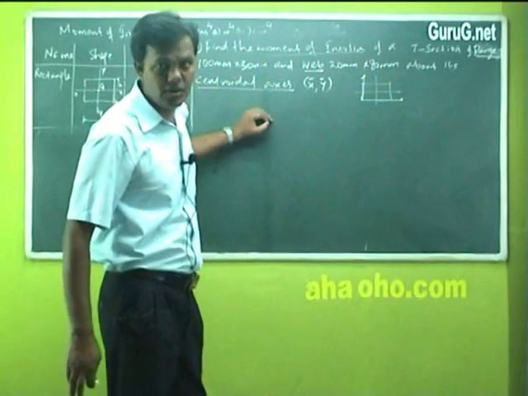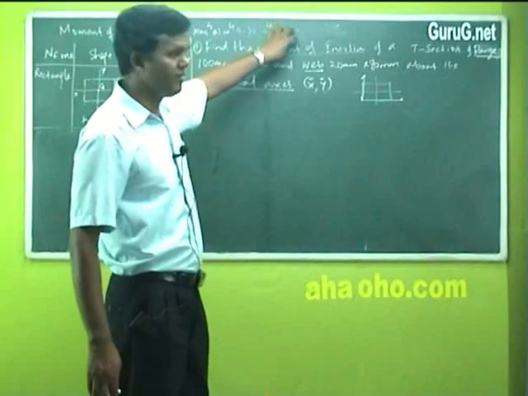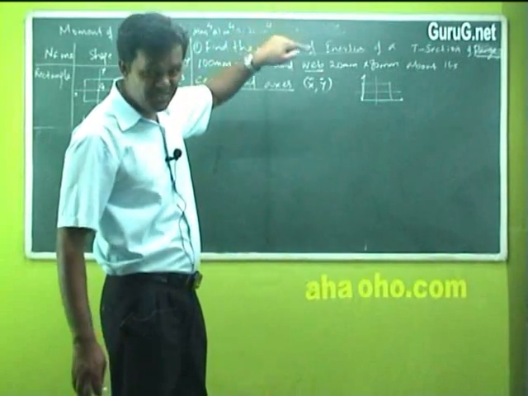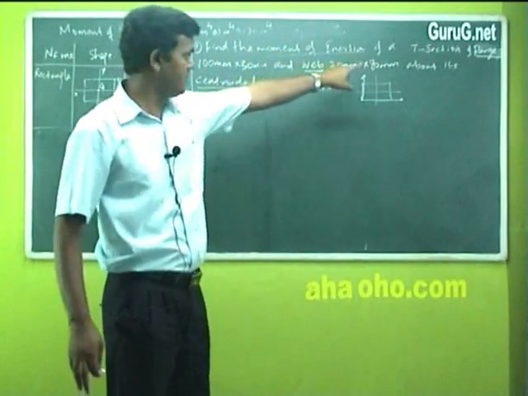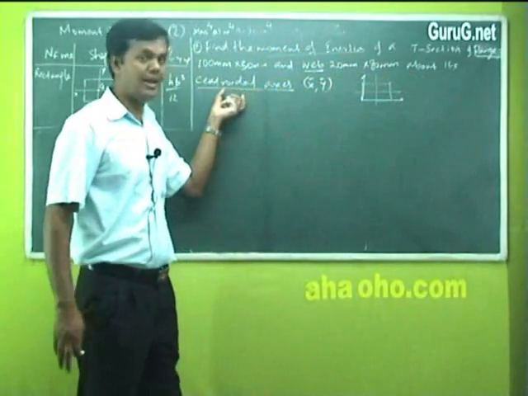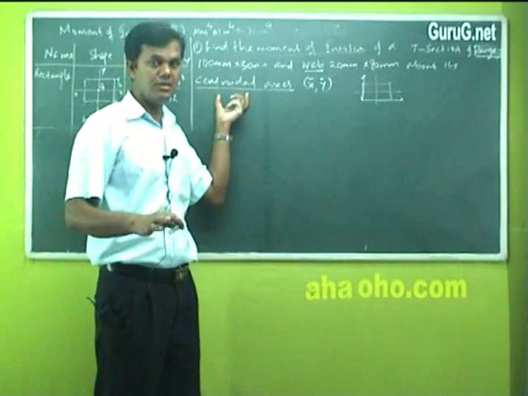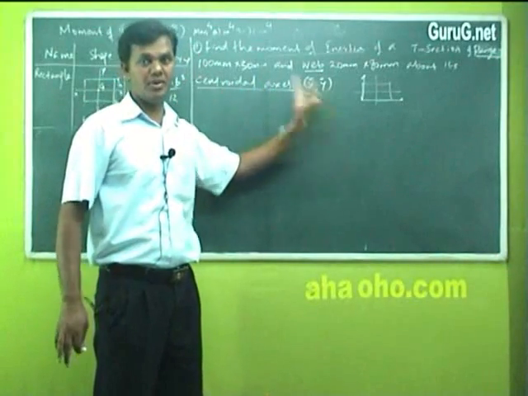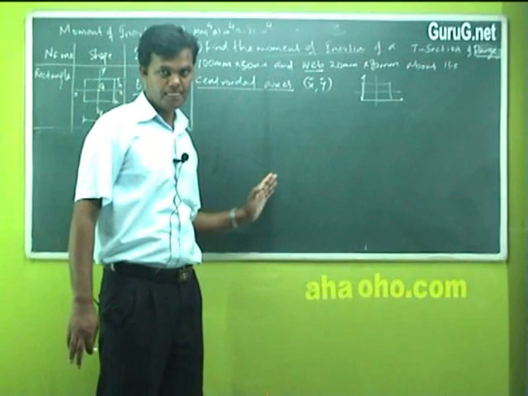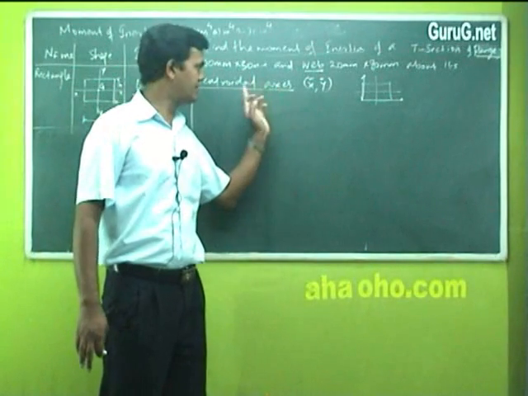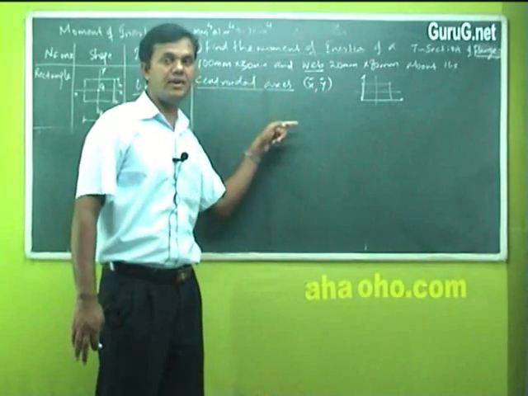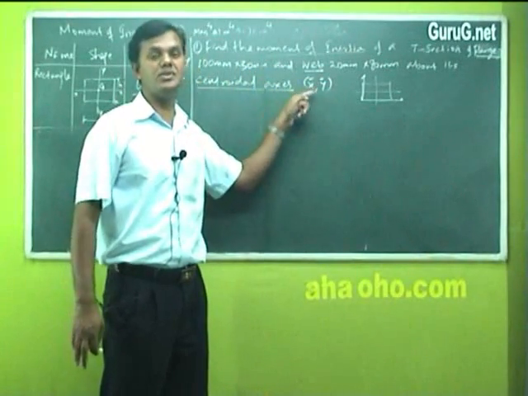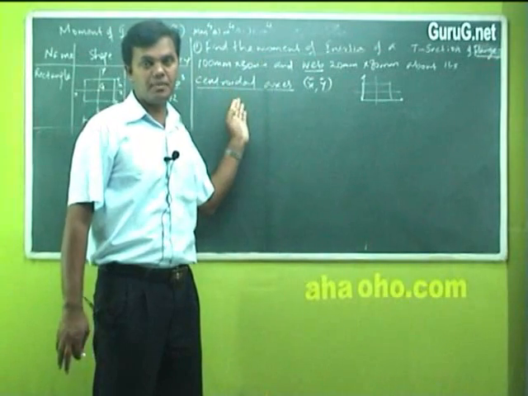So the possibilities are, if it is specified in the question to find the moment of inertia with respect to its centroidal axis, you need to know x bar and y bar values. And by chance, if centroidal axis is not required, the question will specify the particular axis with which you need to find it. So please keep it in mind.